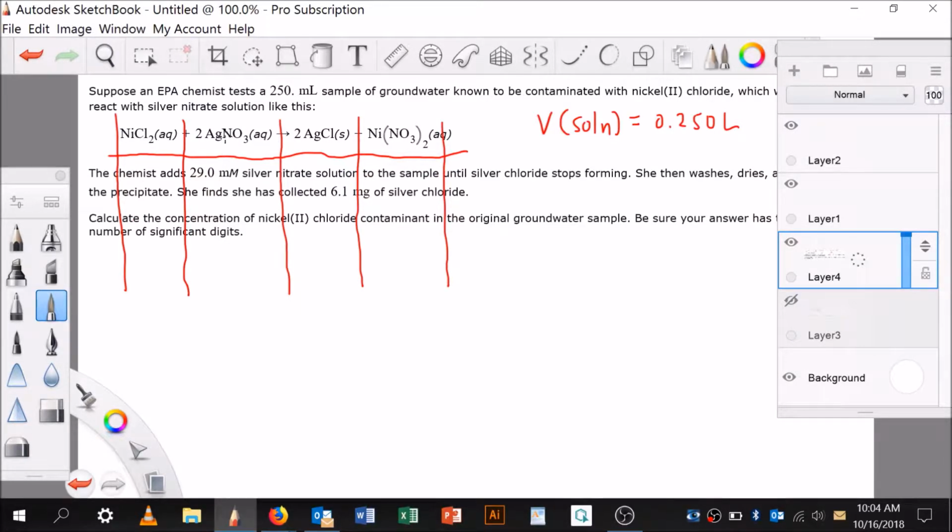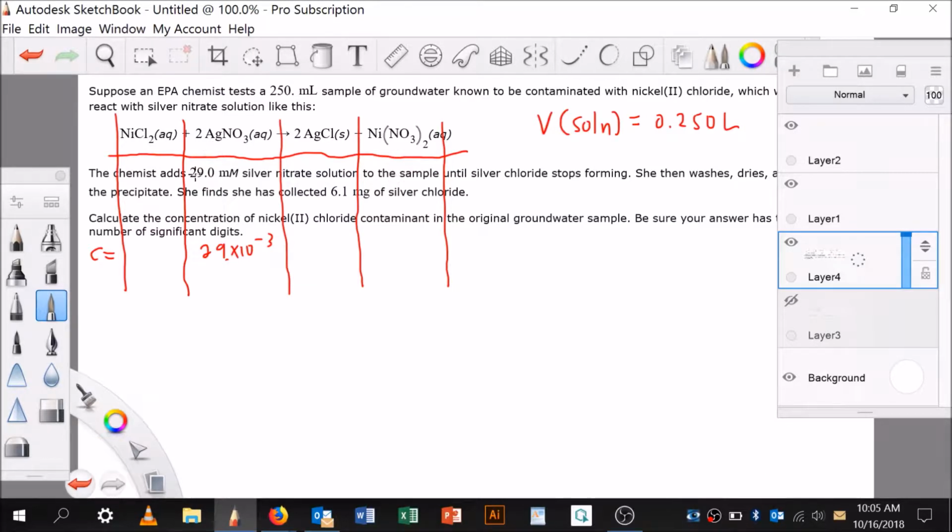Here's my silver nitrate, and I'm going to put my row heading here. It's 29 millimolar, so I'm going to put 29 times 10 to the minus 3, that way I don't need to put molar over here. 29 times 10 to the minus 3 is 2 sig figs. Silver nitrate solution is added to the sample.